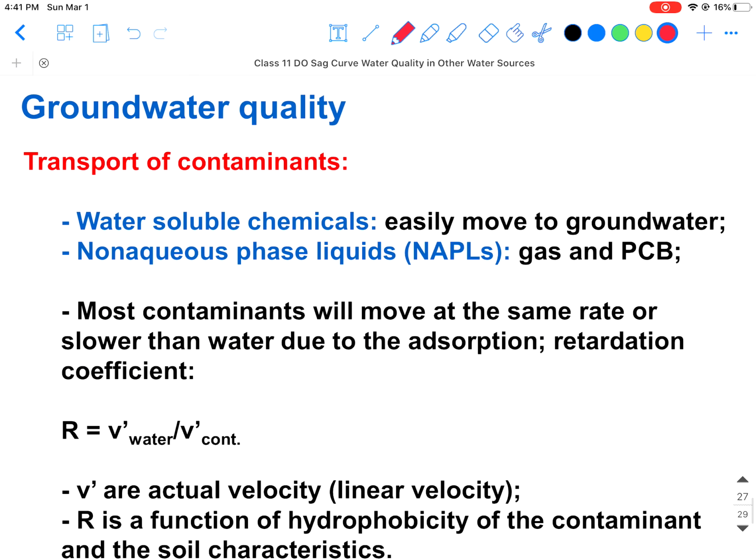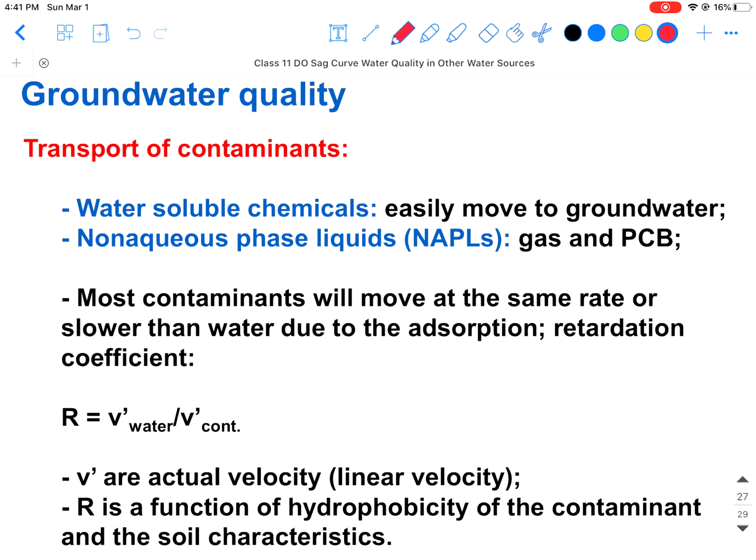And in terms of the transport of these contaminants, we need to basically know a very simple equation. So typically these contaminants will just flow with the groundwater, but because of the adsorption by the sand or by the soil in the water, some of these chemicals might get retarded.